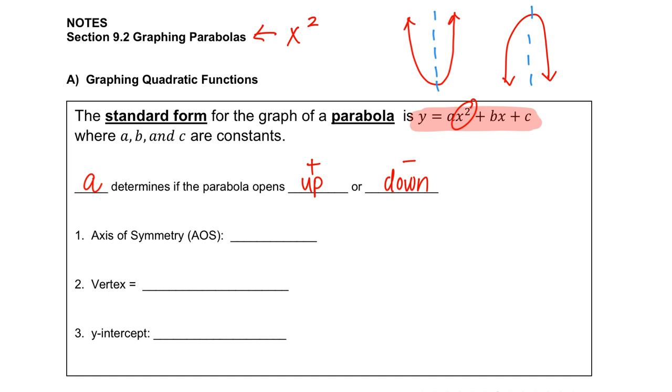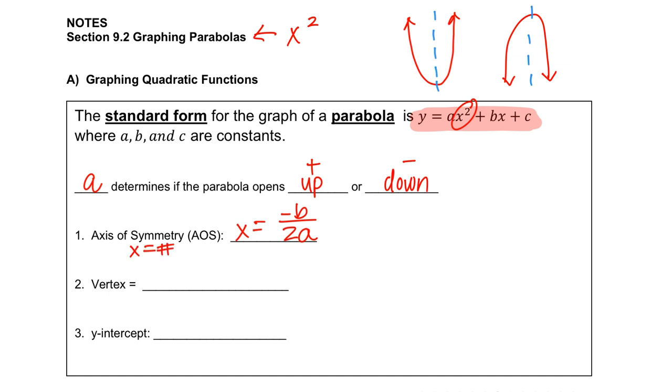There is a formula for the axis of symmetry. It's x equals negative b over 2a. So it kind of reminds me of part of the quadratic formula, the very first part. It's x equals because it's a vertical line. So remember, vertical lines are always going to be x equals a number.